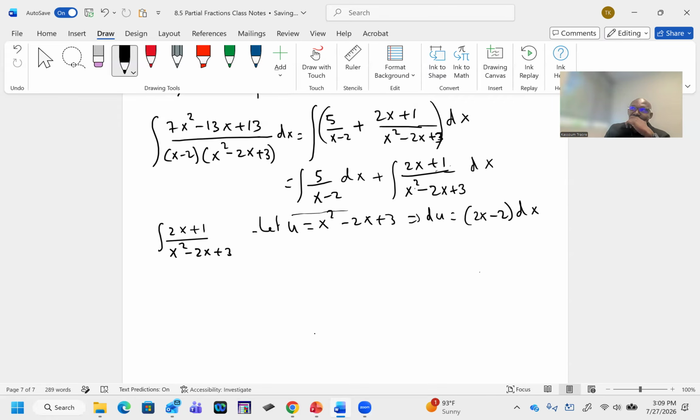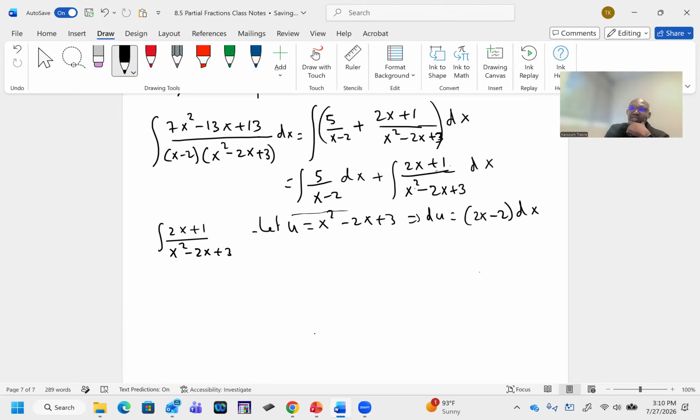So for this reason, we write the numerator as 2x plus 1 is equal to 2x minus 2 plus 3, okay? Because you see, 2x minus 2 does not appear in the numerator here.